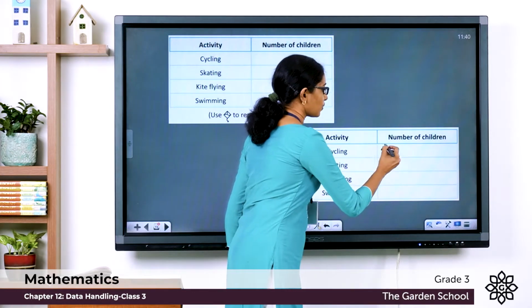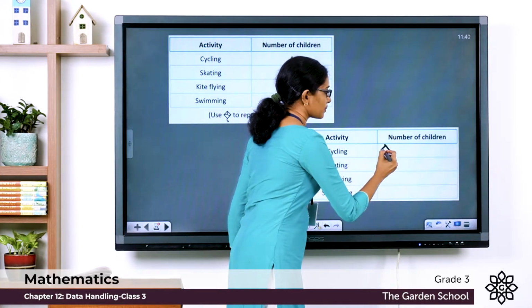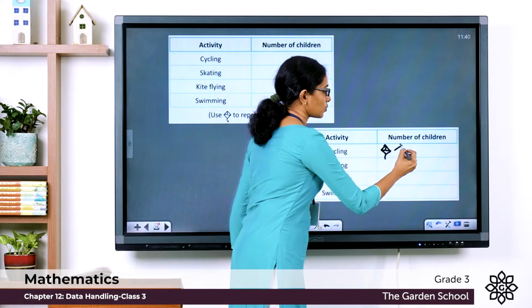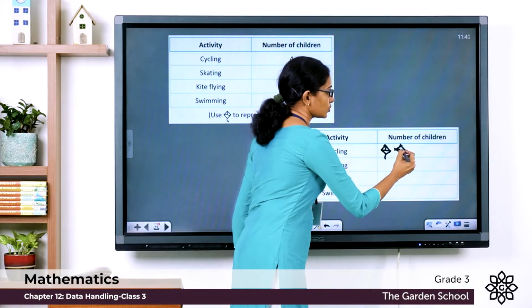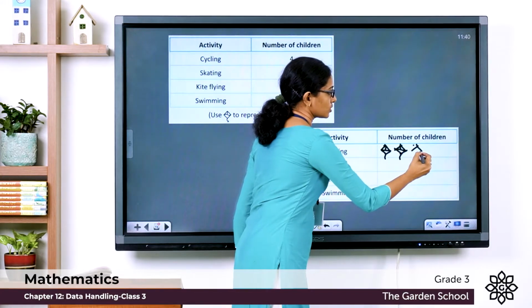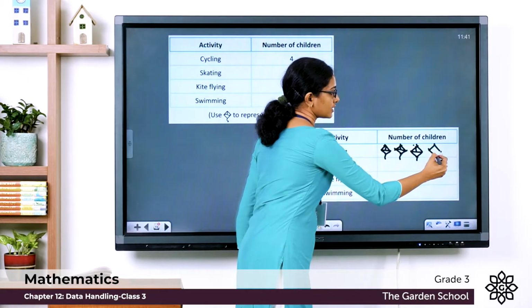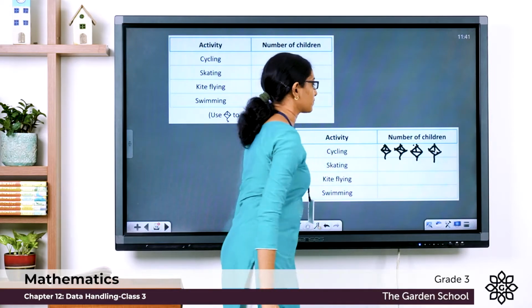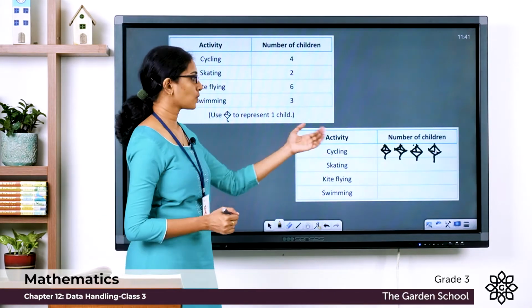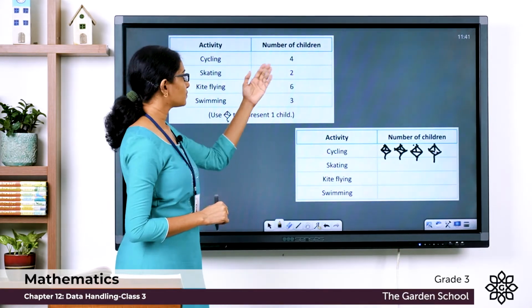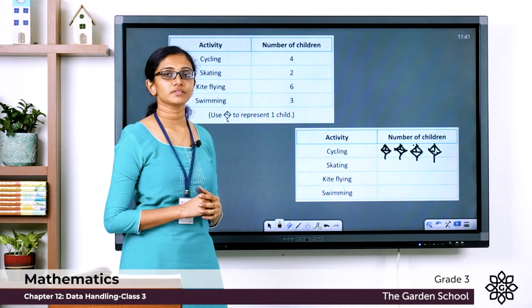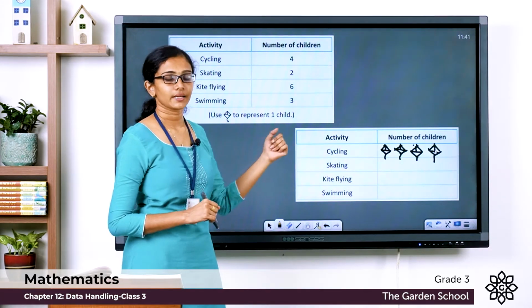We need to draw 4 kites here to represent 4 children. So 1, 2, 3 and then 4. So we have drawn 4 symbols corresponding to 4 children whose favorite activity is cycling.